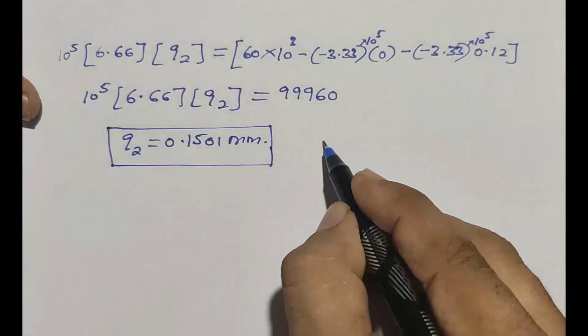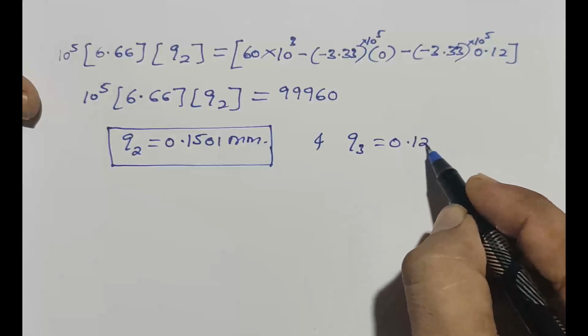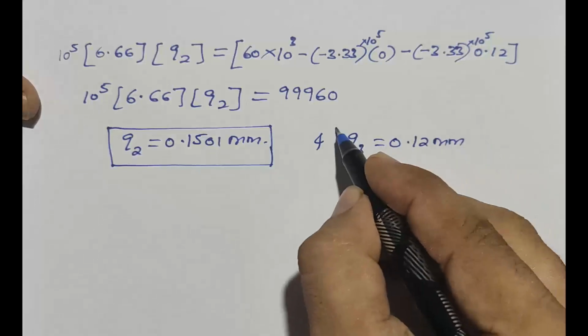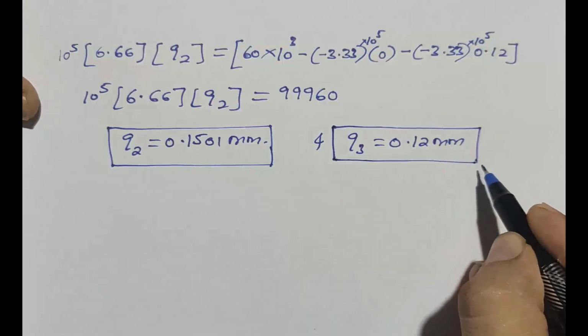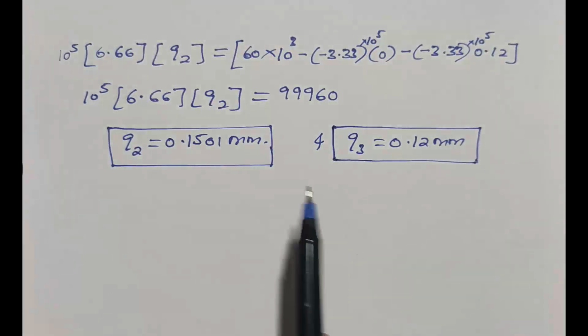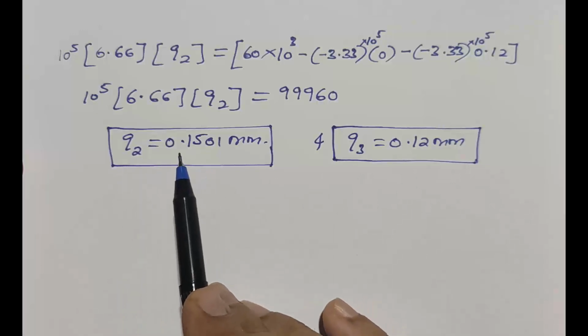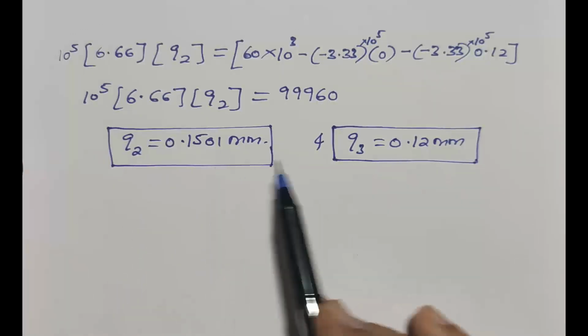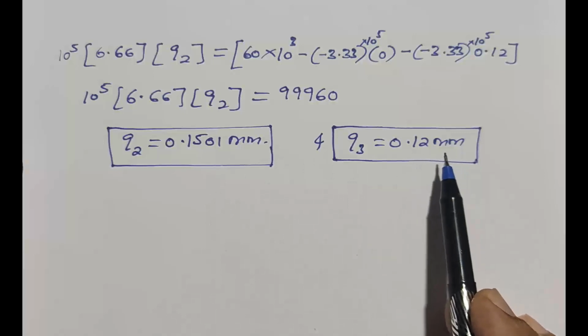Q3 is 0.12 mm, and Q1 is 0 because it is fixed. At node 2 the displacement is 0.1501 mm, and at node 3 it is 0.12 mm.